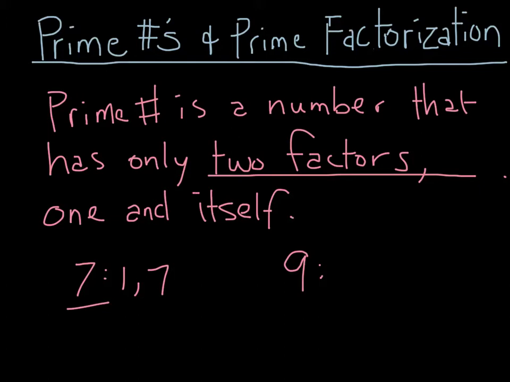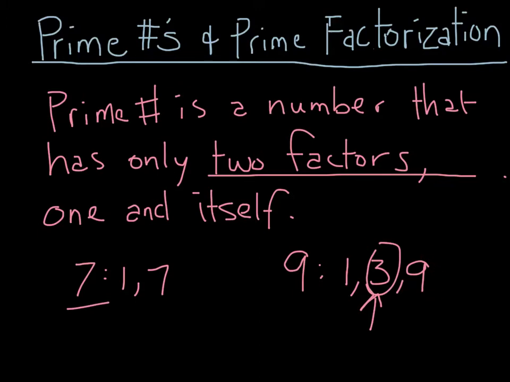Okay, the answer is no. 9 is not a prime number because think about the factors of 9. We'd have 1, 3, and 9. Even if a number has just one more factor besides 1 and itself, like 3 here, it is not a prime number.